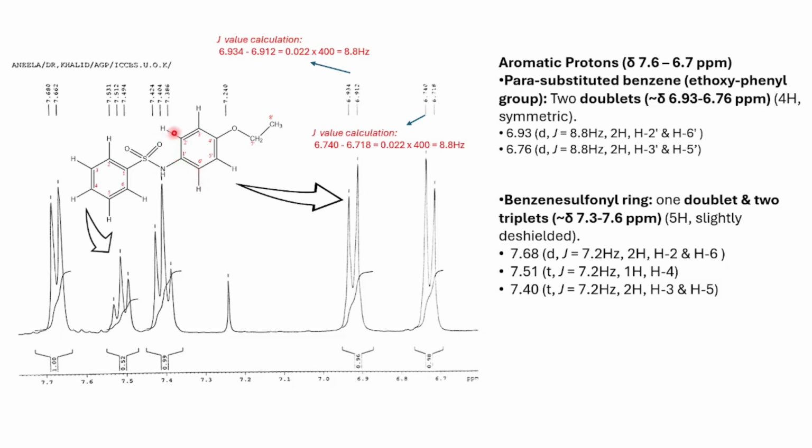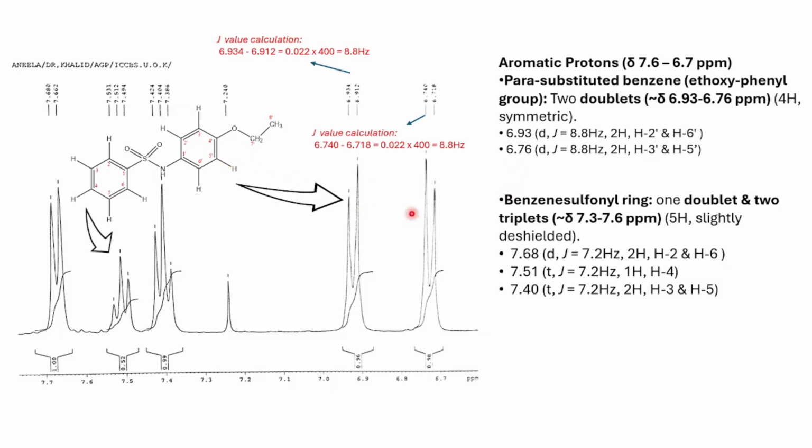Here are the 2 protons, and the J value is calculated here: larger value subtracted from the lower value and multiplied by the spectrometer frequency, as the NMR was taken at 400 megahertz. So the value is 8.8 hertz, which tells us that these two protons are coupled with these two protons.